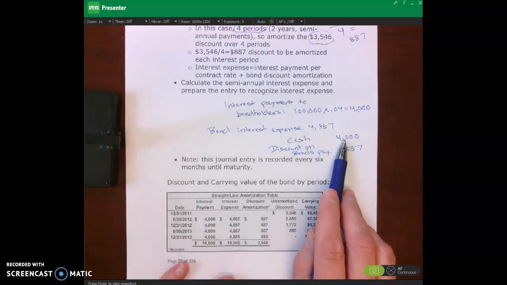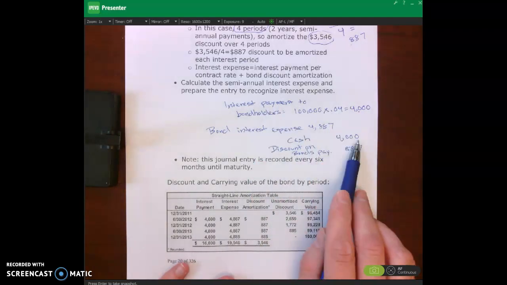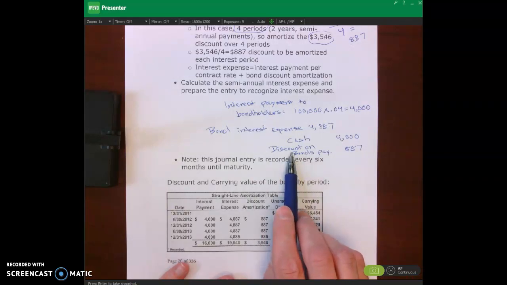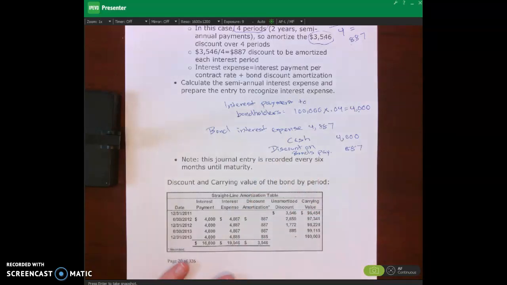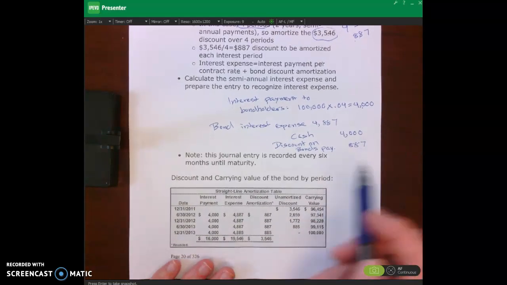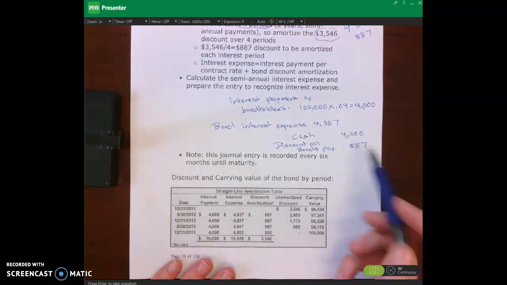Credit to cash, this is always how much we pay our bondholders, always equal to par value times contract rate. And then we credit our discount on bonds payable. The normal balance for our discount is a debit, and that's what we did when we issued the bonds. We debited cash, we debited the discount, we credited bonds payable. So when I credit this discount, I'm reducing the total balance in the discount.